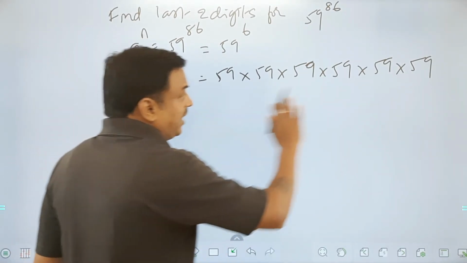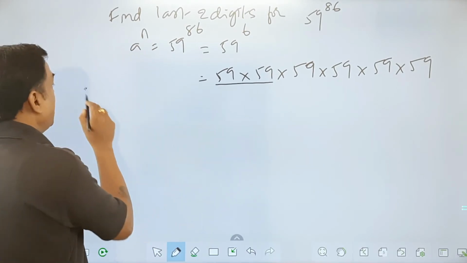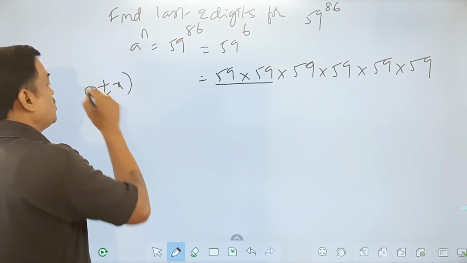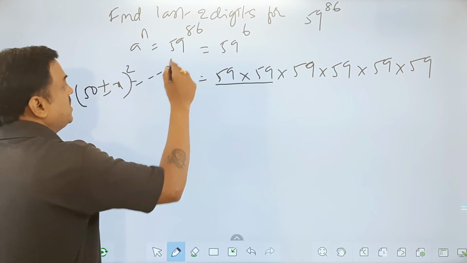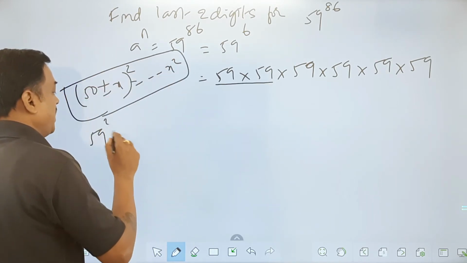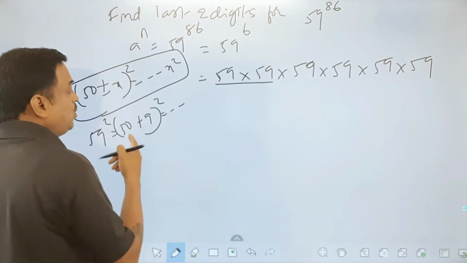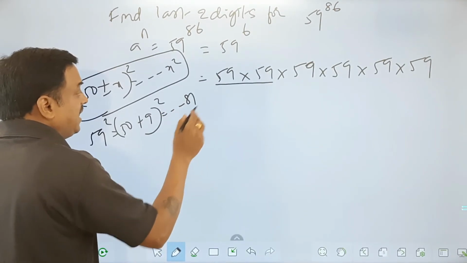I need not find the product of all 6. This I can get by 50 plus or minus x whole square, whose last two digits are x square. I will use this point here. So 59 square can be taken as 50 plus 9 whole square, and the last two digits will be 9 square, which is 81.